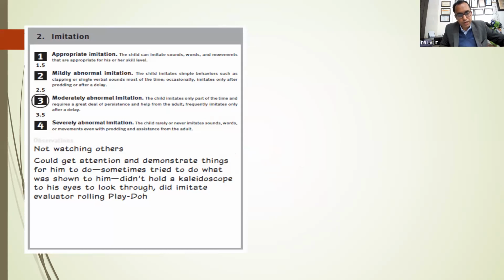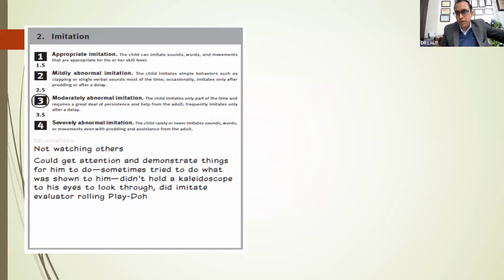In this case, the examination finding was that he was not watching others. He could get attention and demonstrate things for him to do. Sometimes he tried to do what was shown to him. That means he was doing imitations, but only about 50% of the time. He didn't hold a kaleidoscope to his eyes to look through, but he did imitate rolling Play-Doh.